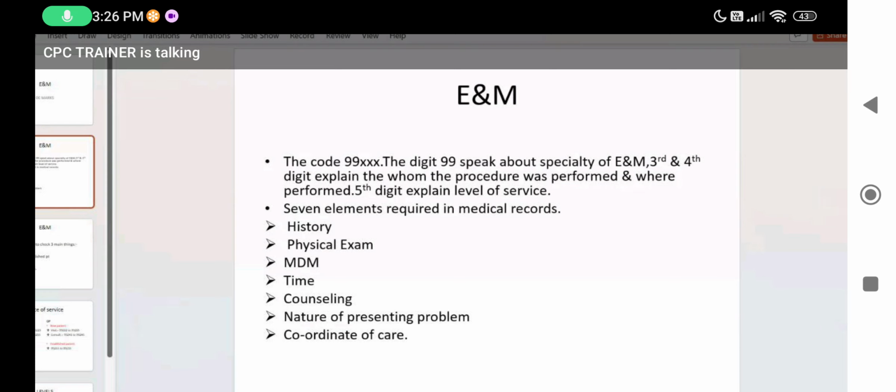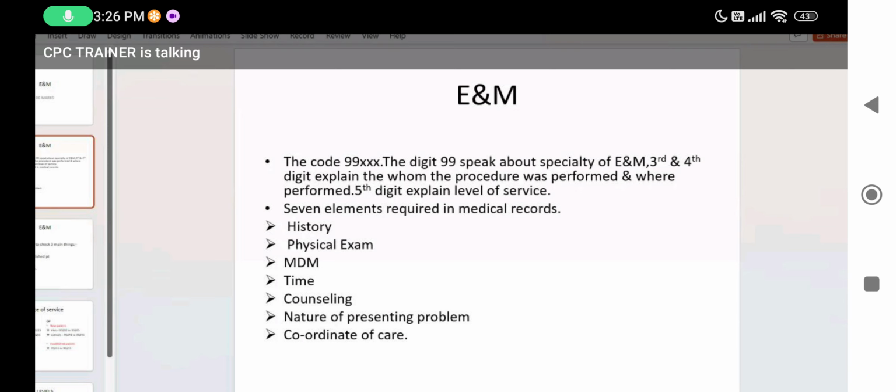Guys, this slide is just an introduction of E&M. You have to know what each digit means. So this is the introduction.